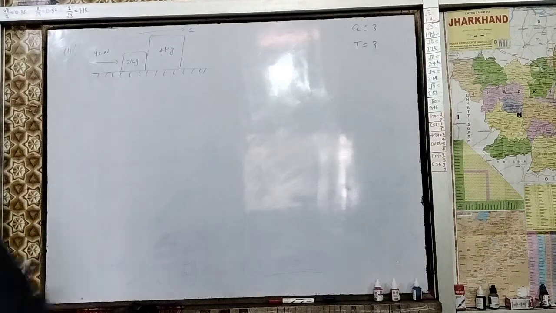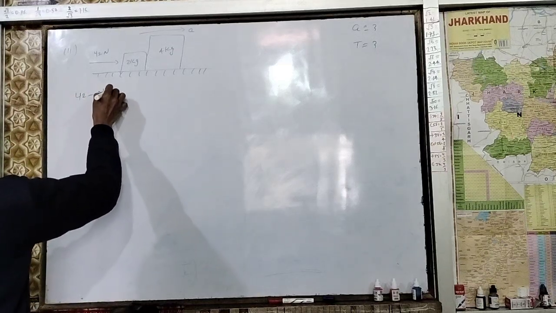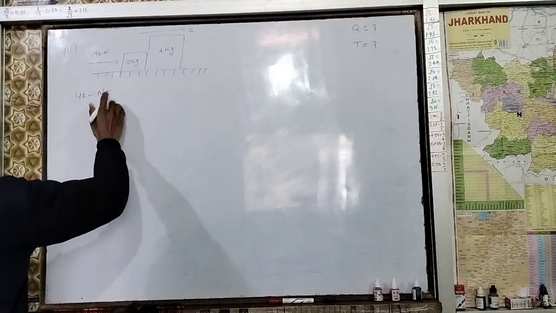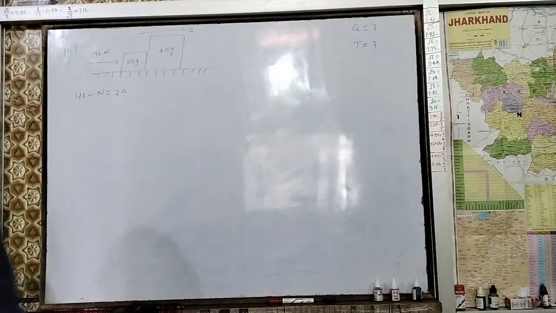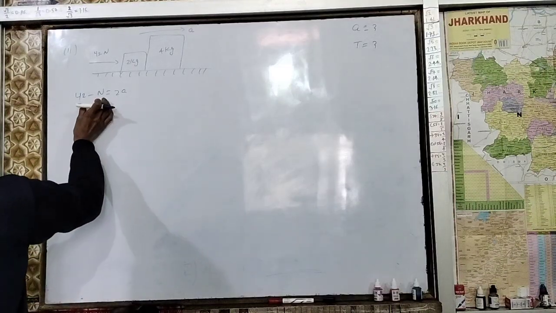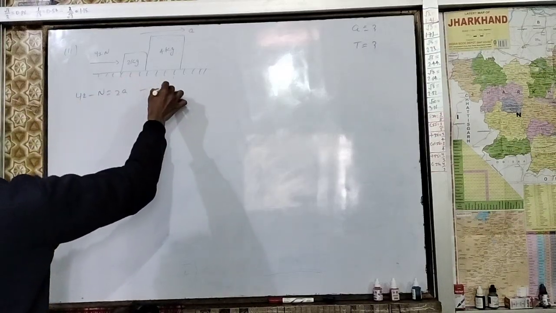Can you write 42 minus N is equal to 2A? Let's say that this is the first equation.